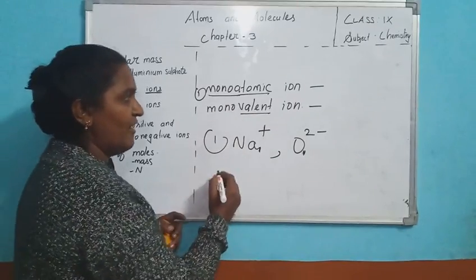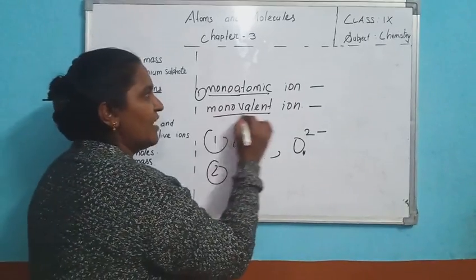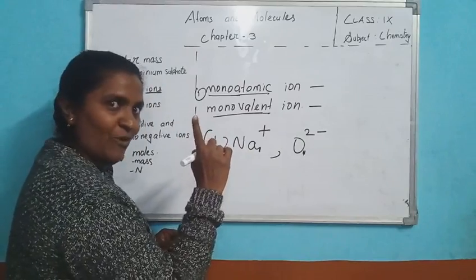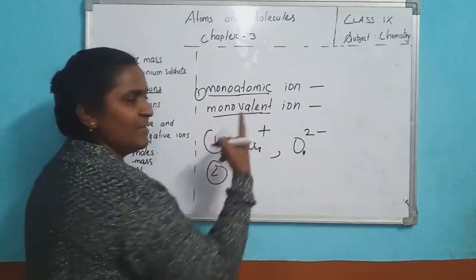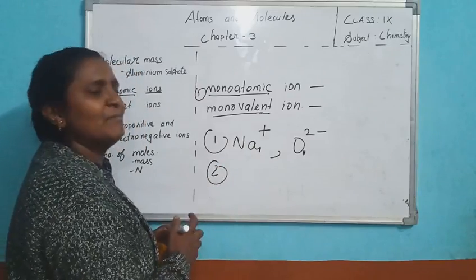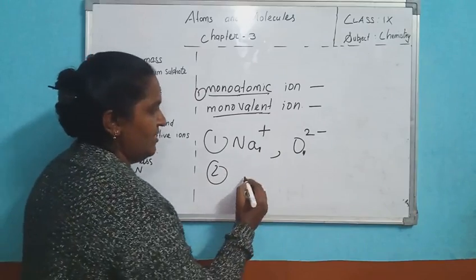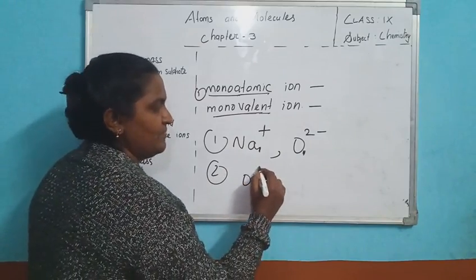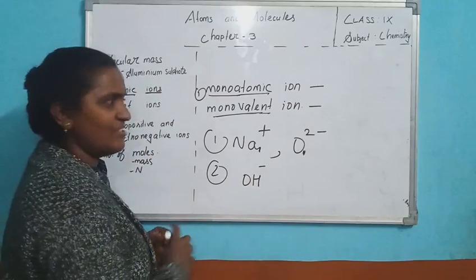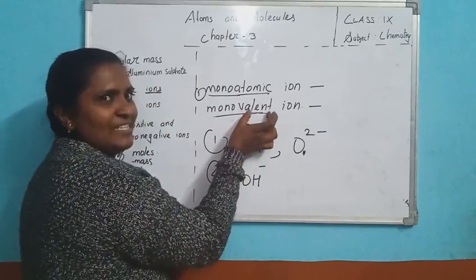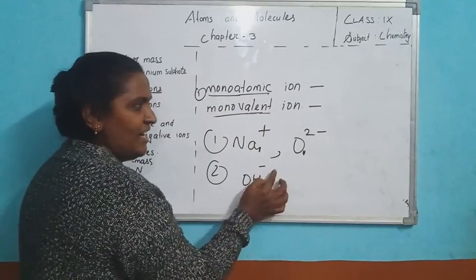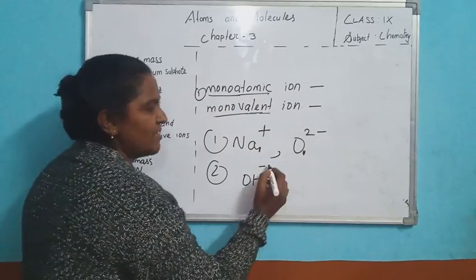Now what is monovalent? Monovalent means valence should be 1. It may be positive charge or negative charge. For example, hydroxyl group. Understood? Monovalent means valence; look at the top. Valence is 1. If nothing is written, it means 1.